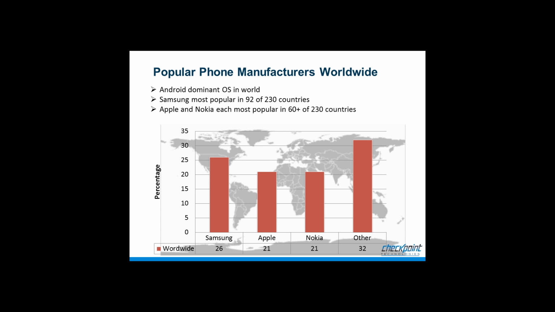This is where you need to take a look at what's going on in the market, because let's say that you had an application which was going to be predominantly used in India. Apple is utilized less than 2% in India. So Apple is not the leading brand. By far, Nokia is at 44%.